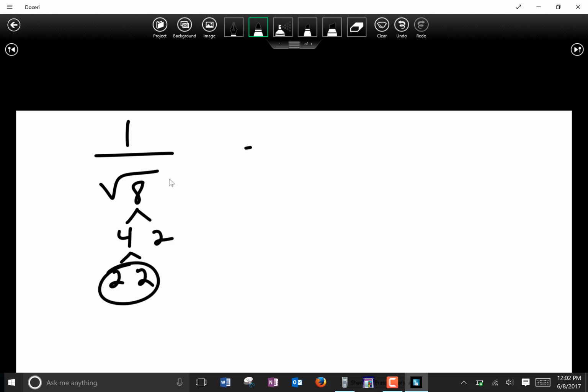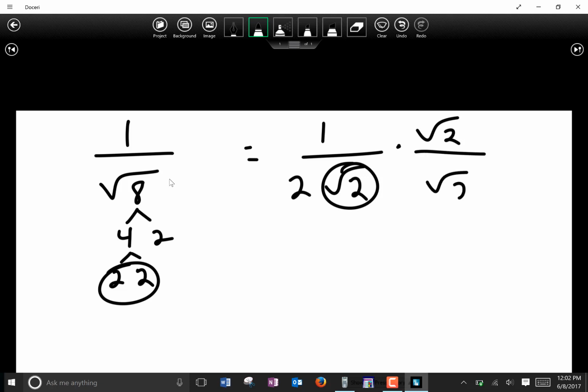So let's say I have 1 over the square root of 8. 8 is 4 times 2, and 4 is 2 times 2. So 8 is really, a 2 gets to come out and another 2 stays in, which means in order to get rid of the radical, I only need one more 2. So I'll multiply by square root of 2 over square root of 2.